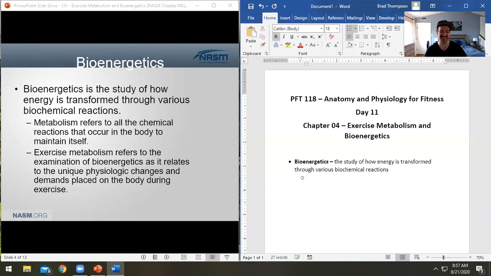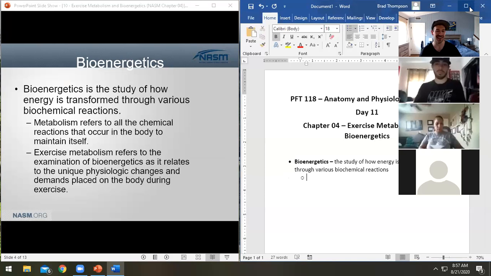I always like to say it this way: it is how your body takes in something like a taco and turns it into 50 squats. That's my favorite way to describe it. It is how your body takes in energy, breaks it into components, and then uses it to build up new pieces of you or to do work.